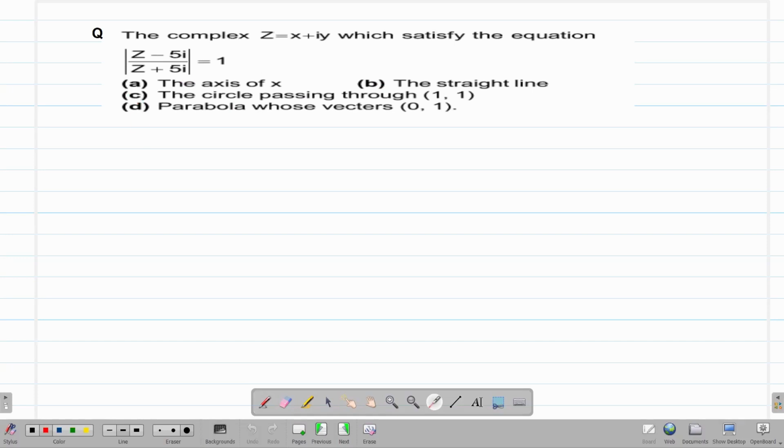So we can neglect C and D, because C is the circle which passes through (1, 1), and option D is a parabola whose vertex is (0, 1). So we can neglect these two options. So my option may be A or maybe B, but further we have to check.